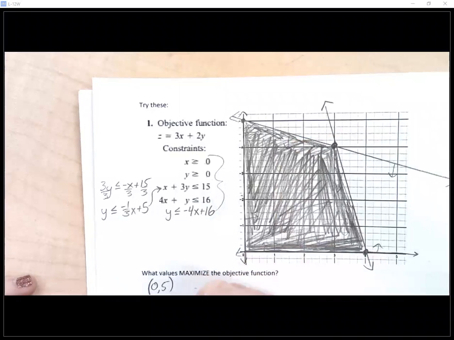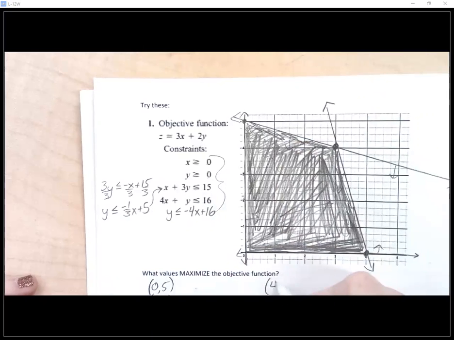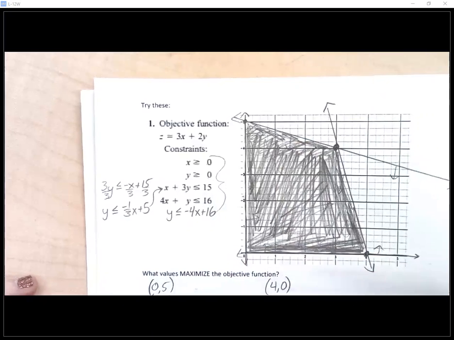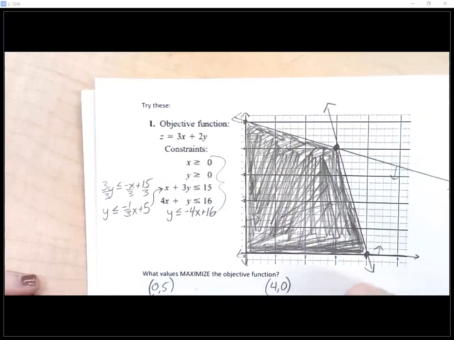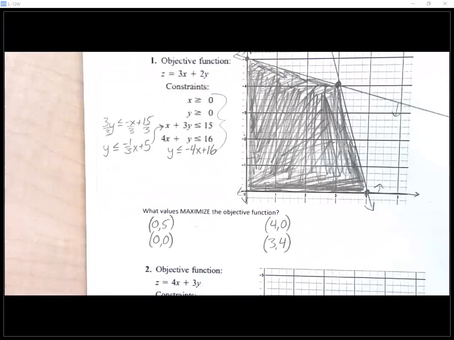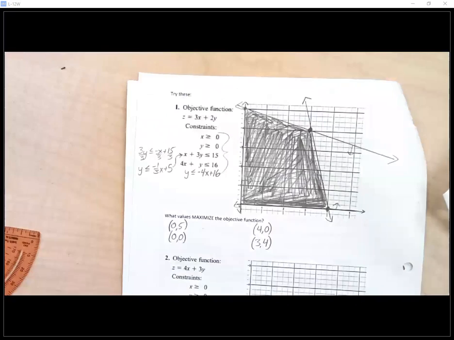I have 0, 0. I have 4, 0. And I also have 3, 4. Okay, does everybody agree? There's my four, and I want to maximize the objective function.